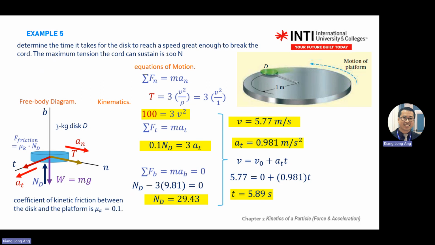What is the definition of acceleration in chapter 1? It's dv/dt, right? What v do you use? V in what direction? The t direction, the velocity in this direction. So when you differentiate this v, you get the acceleration in t. That's from chapter 1.